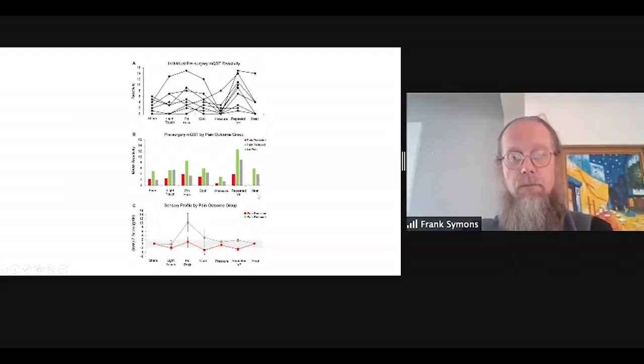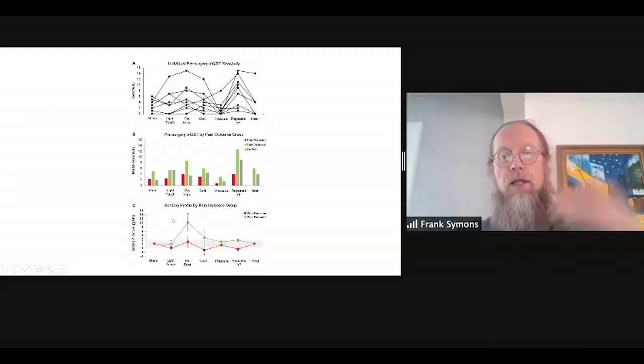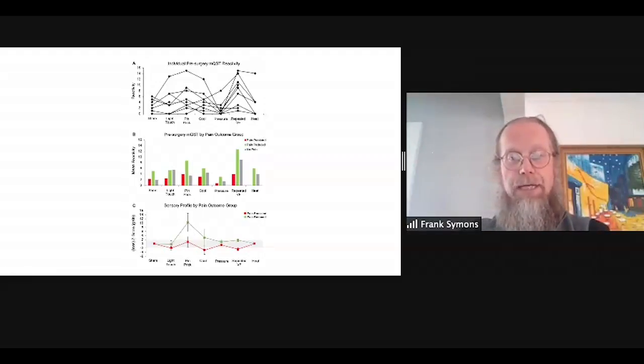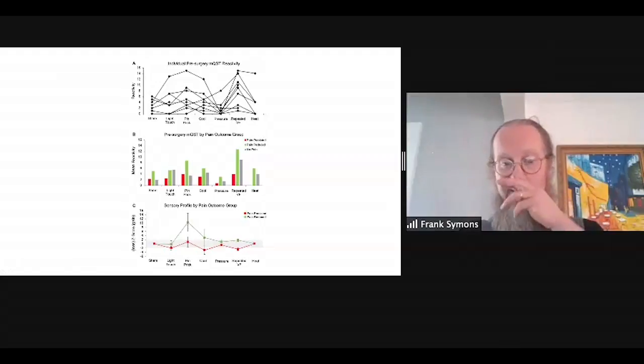And this is what I'm talking about when I say the profiling before surgery. So the pre-surgical profile of the 3 people that had a significant reduction in pain post-surgery was characterized by a gain in reaction to an acute nociceptive stimulus, pinprick.